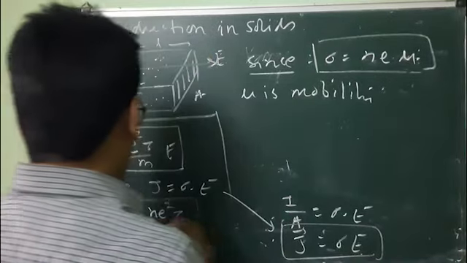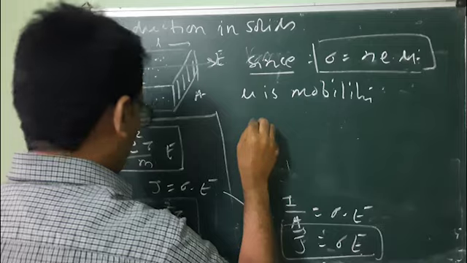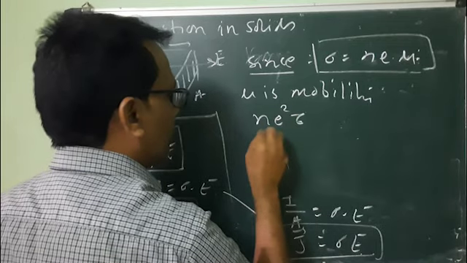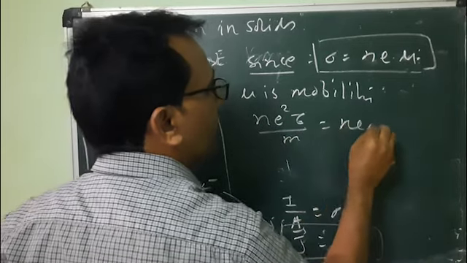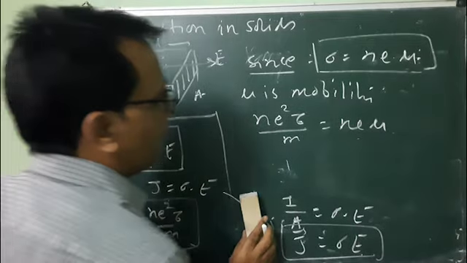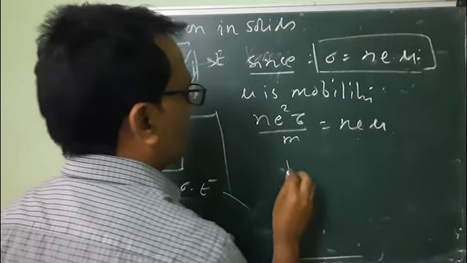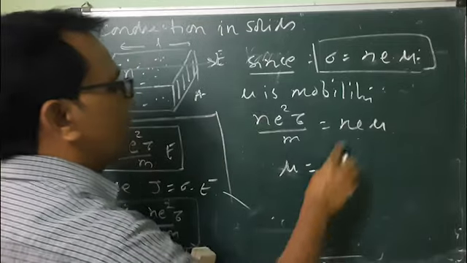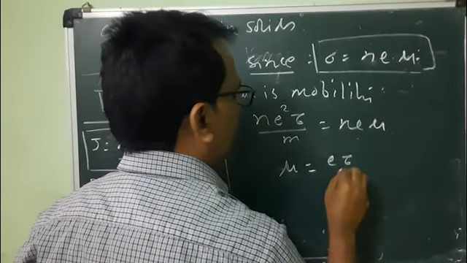By comparing these two, sigma is equivalent to n e square tau by m and equivalent to n e mu. So mu can be written as e tau by m.